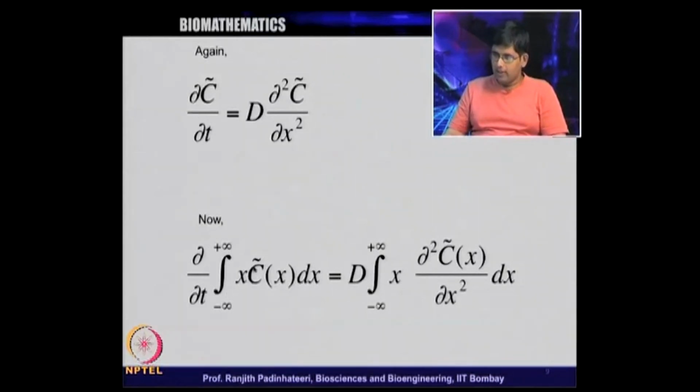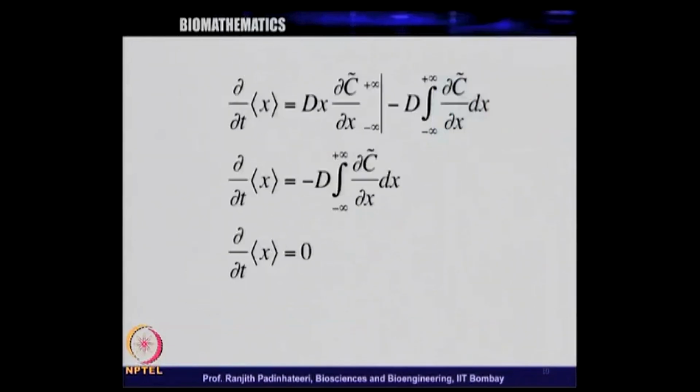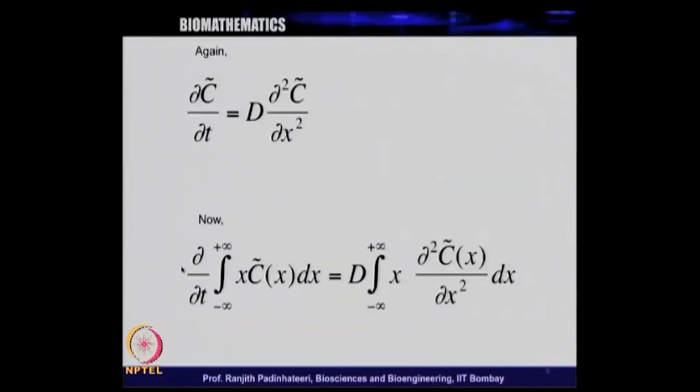And what do we get? The left hand side, as we defined earlier, is integral x c tilde x dx, which is nothing but x average. So let us look at what we get.